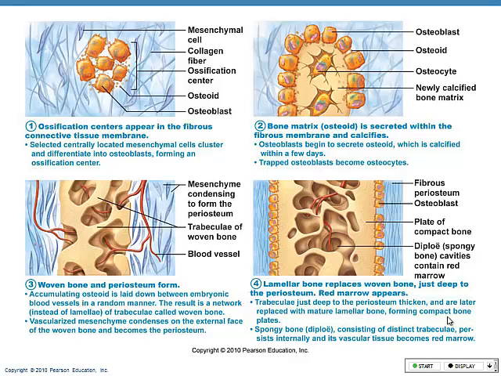In the beginning, your bone is going to come from that layer called the mesenchyme. So in the beginning, we see bone cells starting to form. They form a group of cells that start to differentiate. And remember, you came from one cell.